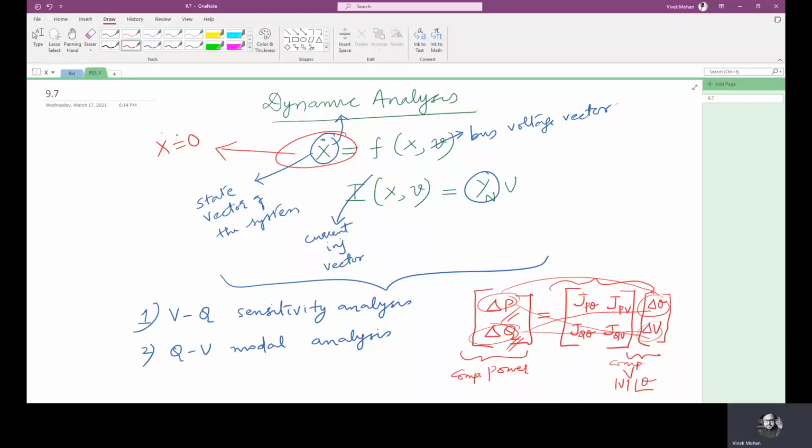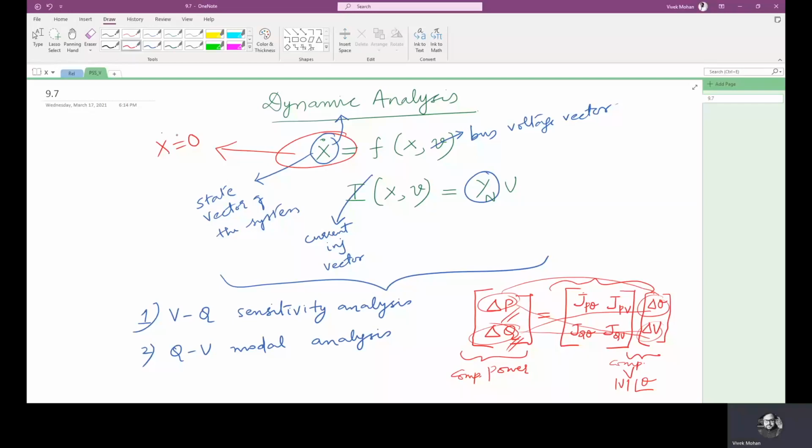This is what is repeated power flow. This is one method which is used for finding the available transfer capability of a line. Anyway, that is not in the scope of our course, so I'm not going into that. If you are interested, you can see some literature on that.